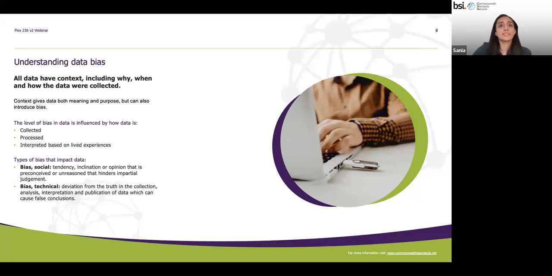Now, the level of bias in data is influenced by a range of different things. Again, we are going to keep coming back to this, but it's influenced by how data are collected, processed, and interpreted by individuals or indeed machines that are trained by individuals. We look at two types of bias in the Flex. Social bias, which is the tendency, inclination, or opinion that is preconceived or unreasoned that hinders impartial judgment. Now, I do want to flag here that, like I mentioned, this could be positive bias.